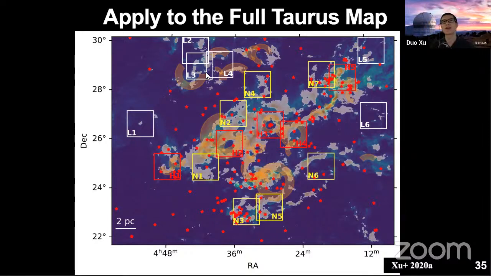However, we also find some low confidence bubbles. There is some bubble morphology, however, there are no known stars around it. So we don't know whether they are driven by some unknown stars, or the star has a high motion and moved out of this field of view, or this might be caused by turbulence, where the morphology is also similar to bubbles or ring-like structures.